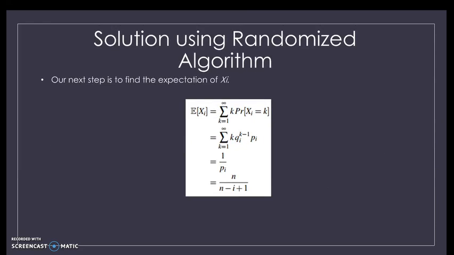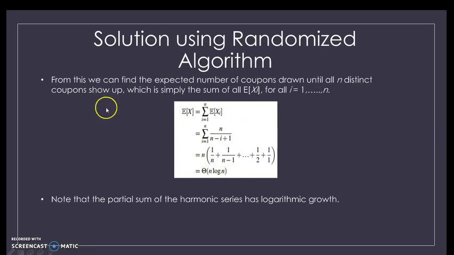To find the expression for the expectation of Xi, from the equation, as you can see, the result we get is n divided by n minus i plus 1. From this we can find the expected number of coupons drawn until all n distinct coupons show up, which is simply the sum of the expectation of Xi for all i equals 1 until n.